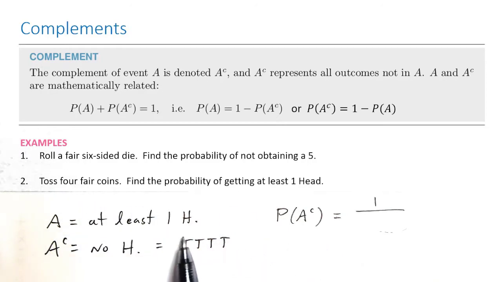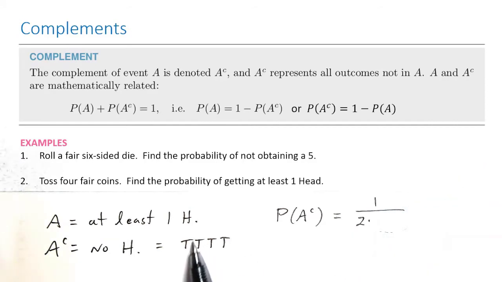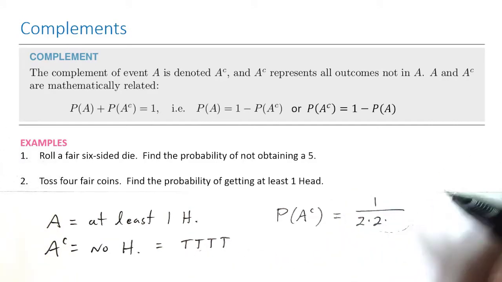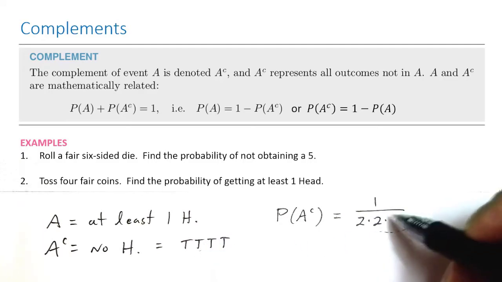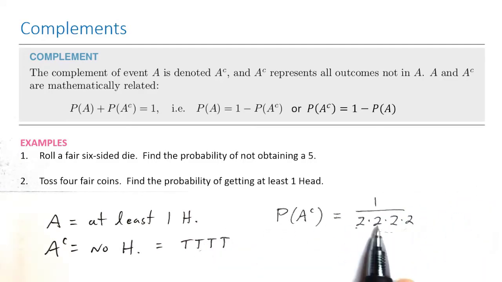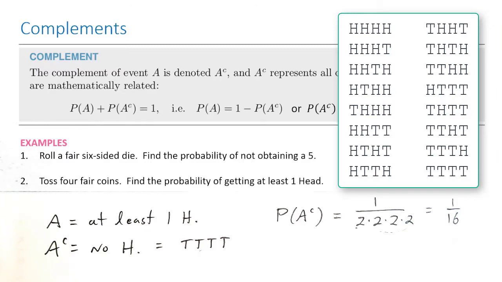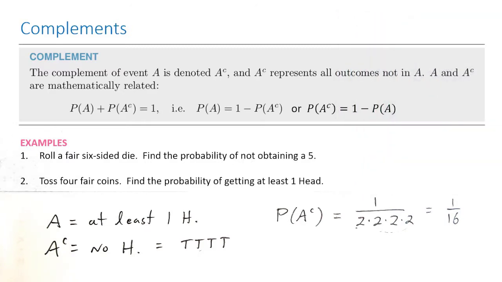Well, there are 2 possibilities for the first coin, 2 for the second, 2 for the third, and 2 for the fourth. So there are 2 times 2 times 2 times 2, that's 16 total possibilities. So the probability of getting 4 tails is 1 out of 16.